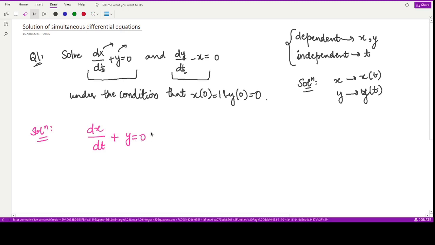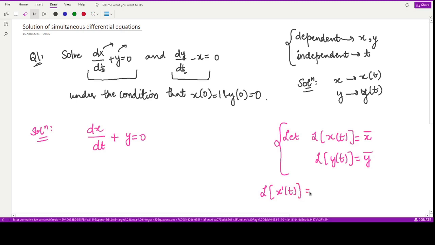Now let the Laplace transform of x of t be x bar, and the Laplace transform of y of t be y bar. If we assume this, then we know the Laplace transform of the first derivative of x would be equal to s into x bar minus the value of x calculated at the point 0.